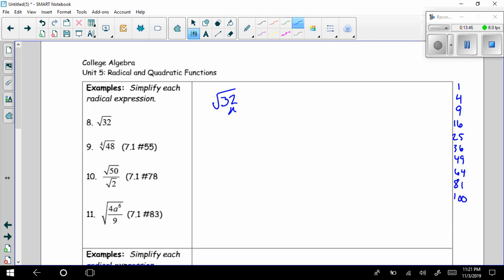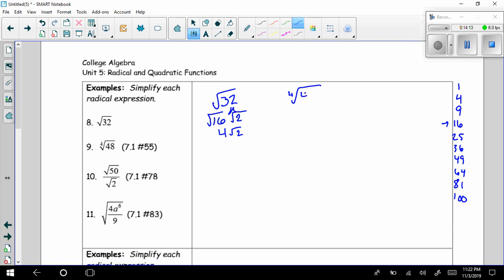The biggest perfect square that goes into a number. So for 32, 16 goes in. So this would be 16 times 2. Remember our product rule. We can split this into the product of these two radicals. Square root of 16 is 4, and then we have 2 left over.